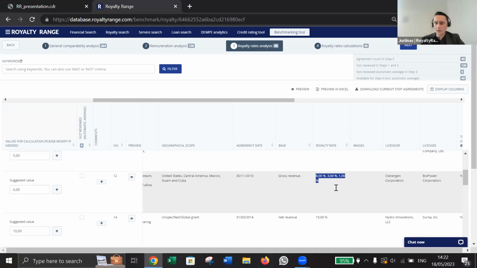Well, these are tiered royalty rates, variable royalty rates, and technically, you could use one of these percentages. You could also use each percentage as a separate data point for statistical analysis, or you can use an average. So like here, our suggestion would be to use an average value.